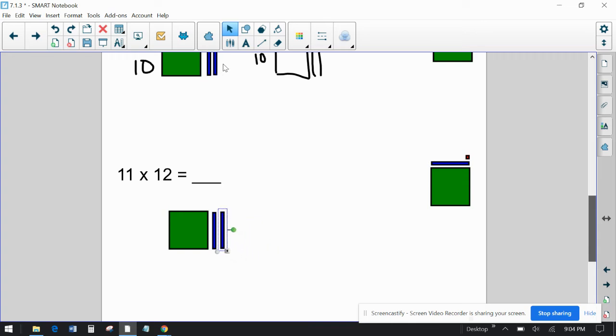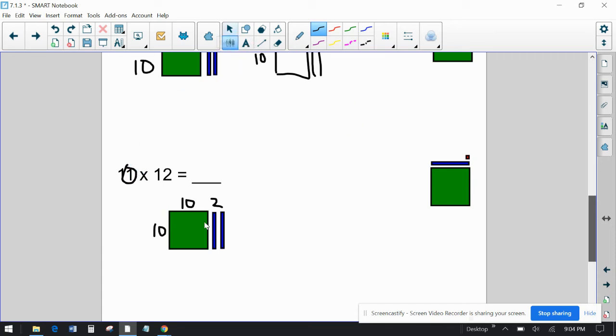Drag that here. Now we have a 10. So far, this is 10 by 12. Here's the 10. Here's the 12. So it's the same thing we did up here, but this isn't just a 10. It's an 11 by 12.